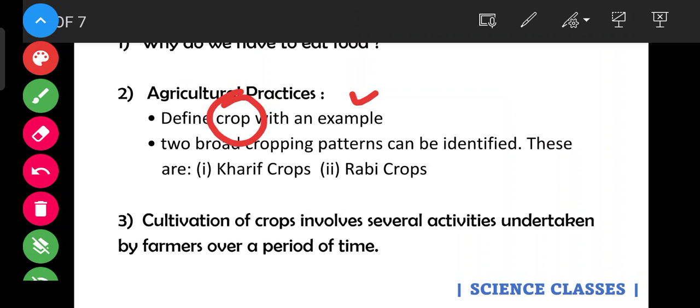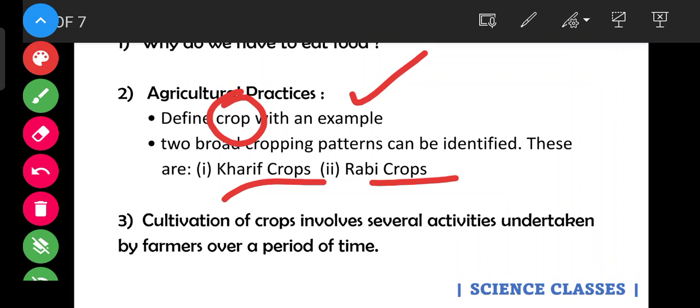Along with that, with an example, you will be defining a crop. Basically, crops are classified into Kharif crops and Rabi crops. In a later stage of this video or the next video, you'll be learning about what a Kharif crop is and its example, and a Rabi crop and its example.